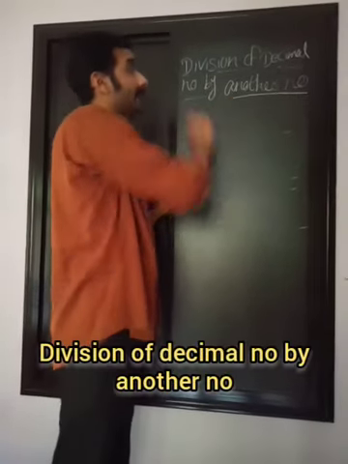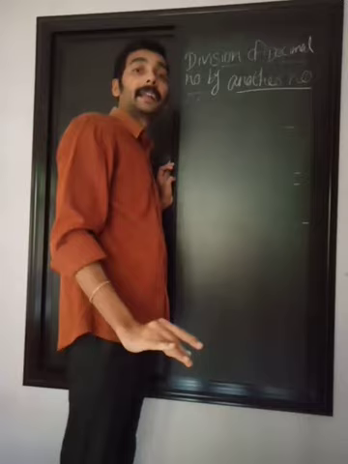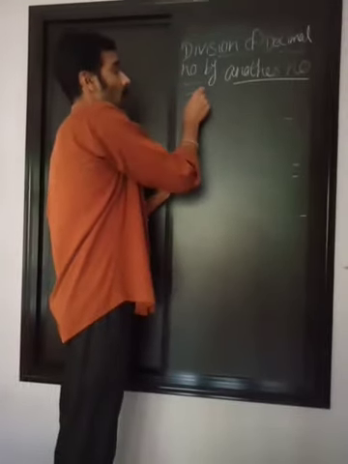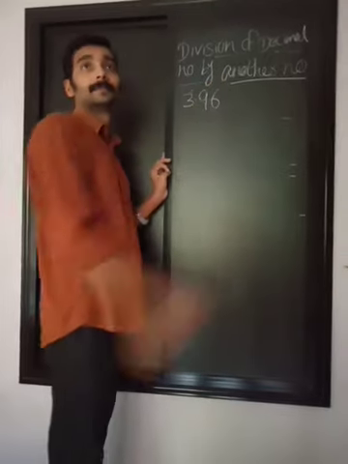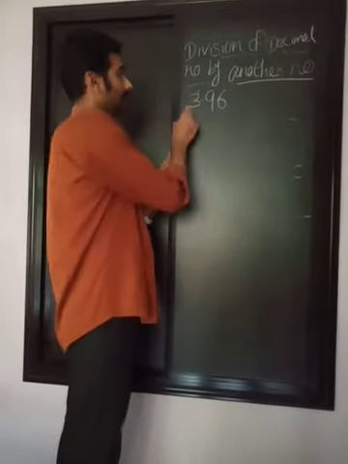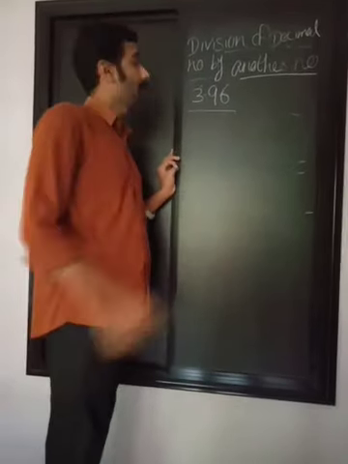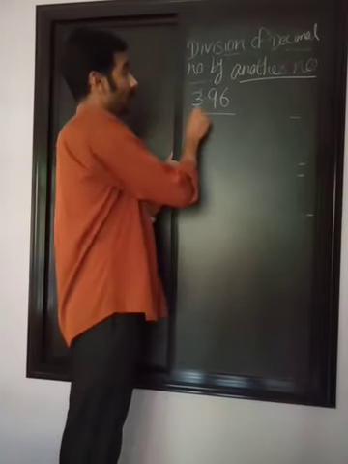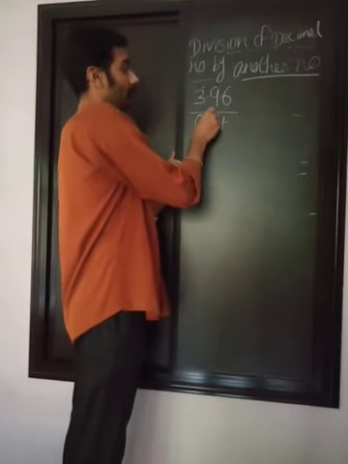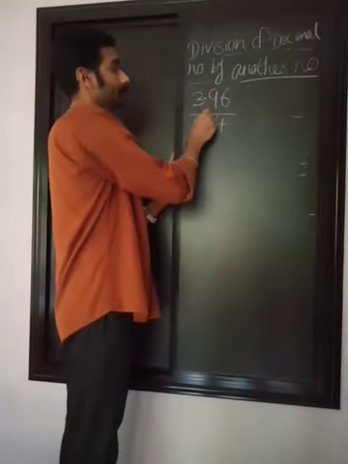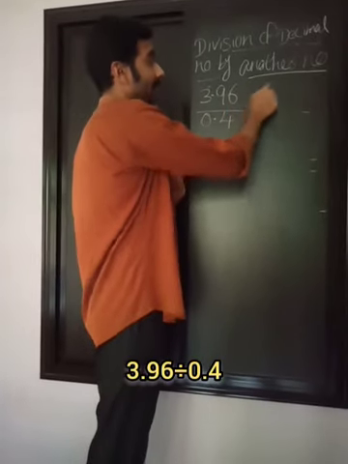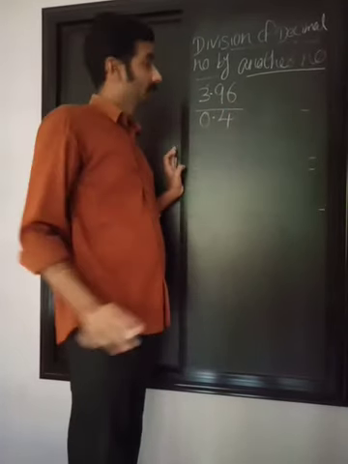Question is 3.96 divided by 0.4. This is the question. Or 3.96 divided by 0.4. Both are the same.